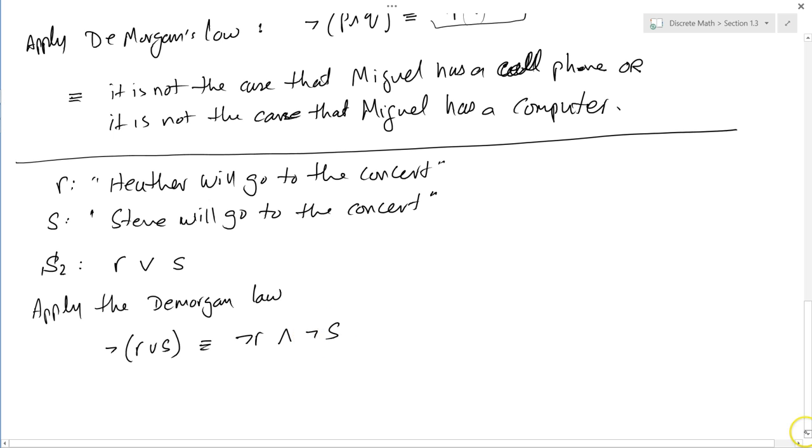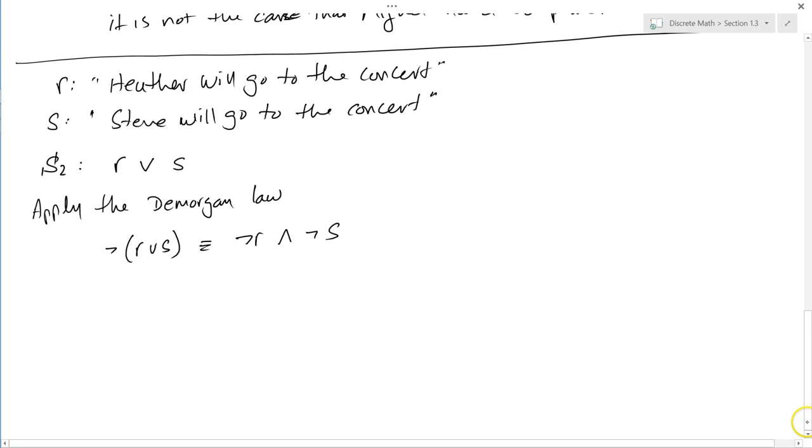And let's translate this into the English language. Not R is, as I said, I'm going to apply the definition directly. You can then change it into regular English.